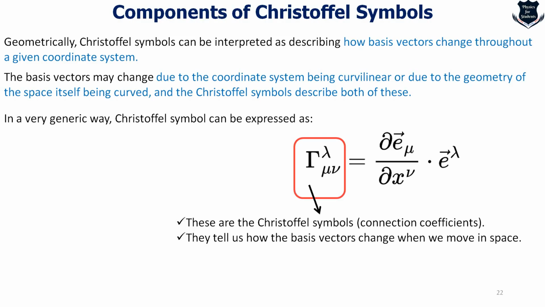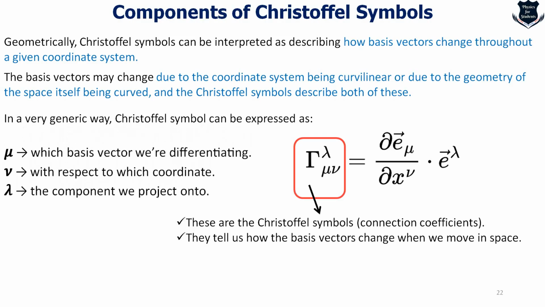This tells how the mu-th basis vector twists or changes when moving along the nu-th direction, in the direction of e lambda. That is the right-hand side. Again I am repeating: this tells how the mu-th basis vector twists or changes when moving along the nu-th direction in the direction of e lambda.